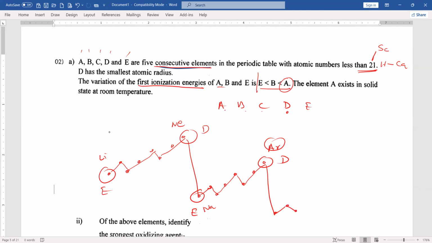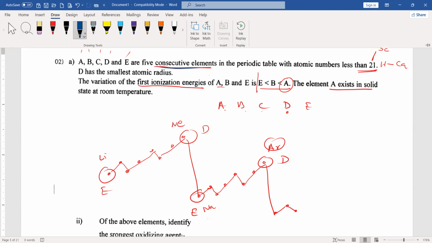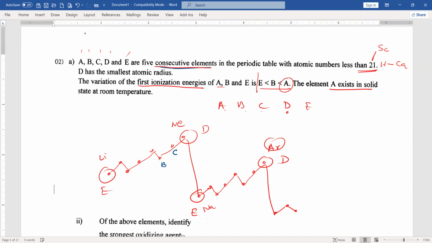And another one. Element A exists in solid state. If I try in this way, if I get D as this, then this is the C, B, and A. Then A, B, C, D, E. Another possible thing is A, B, C, D, and E. A is a solid at room temperature.